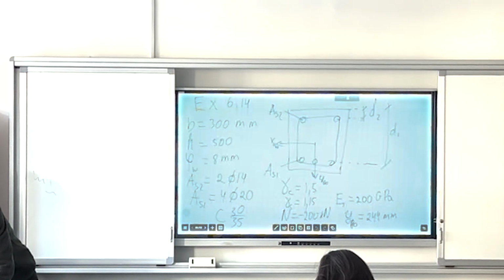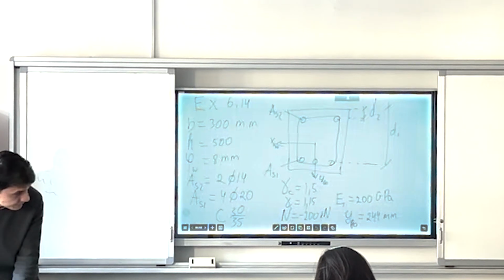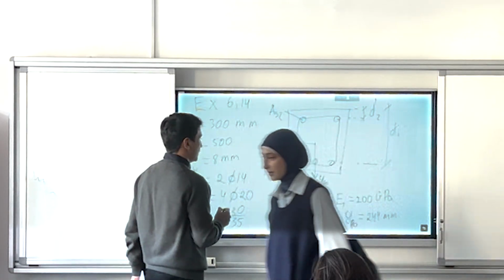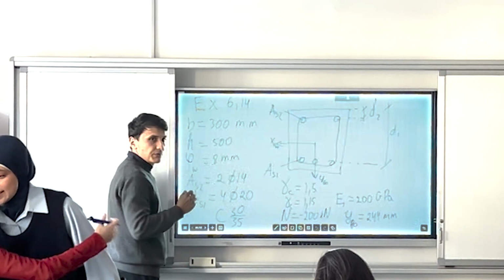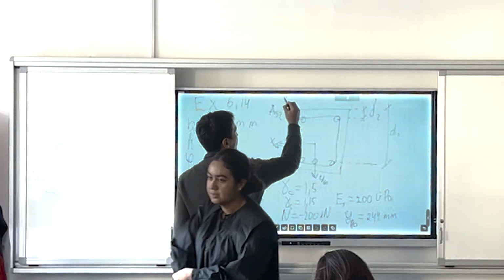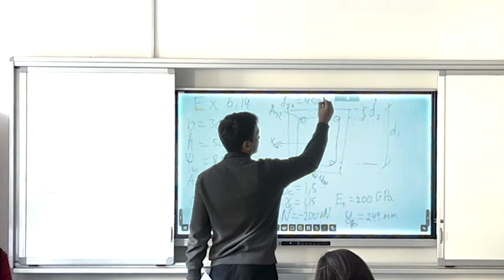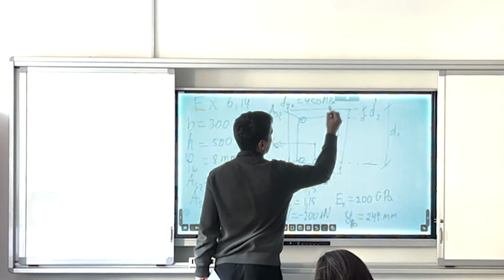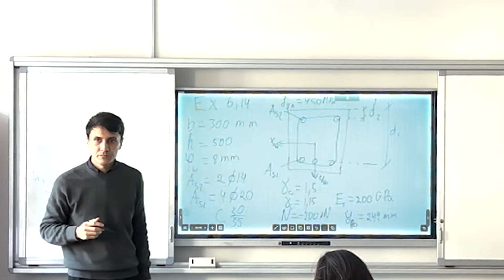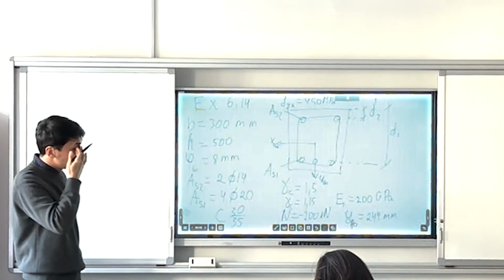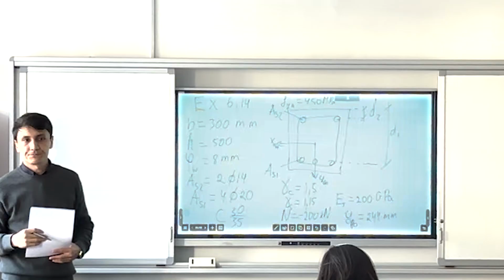What is the steel grade? Well, here, I missed it. FYK is 450 megapascals. So our steel grade is 450.